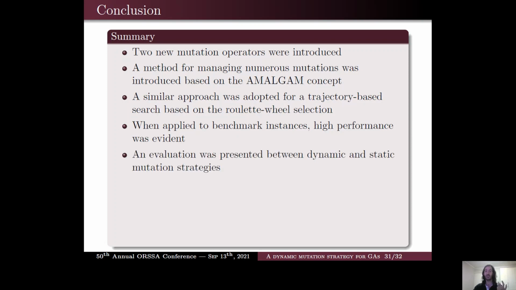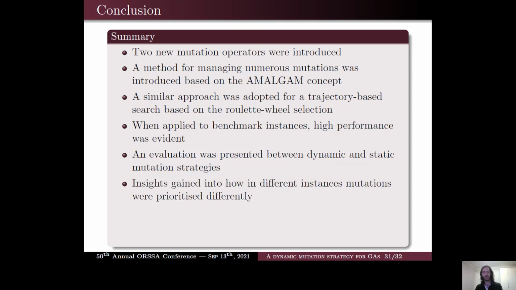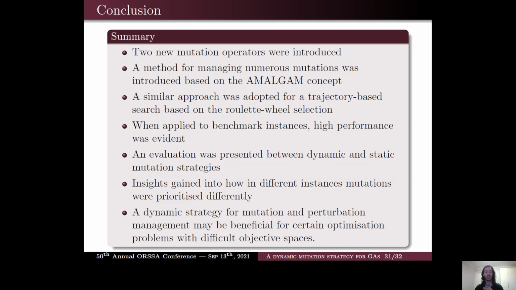An evaluation was also presented between dynamic and static mutation strategies. Insights were gained into how, in different instances, mutations were prioritized differently. And finally, a dynamic strategy for mutation and perturbation management may be beneficial for certain optimization problems with difficult objective spaces. Thank you.